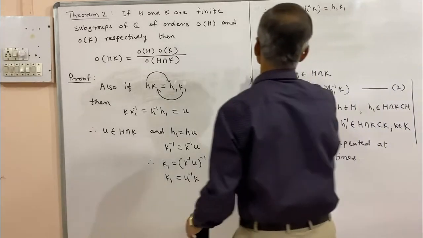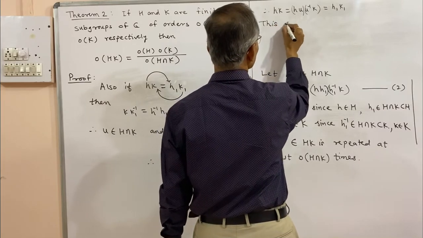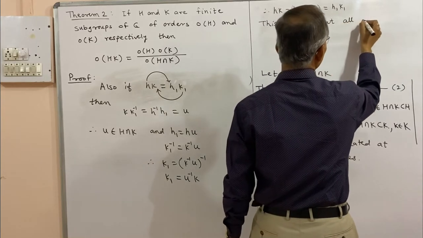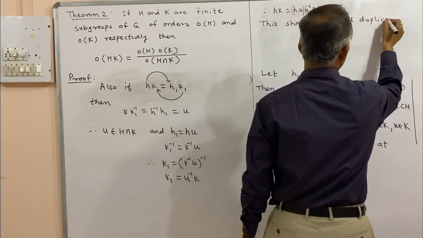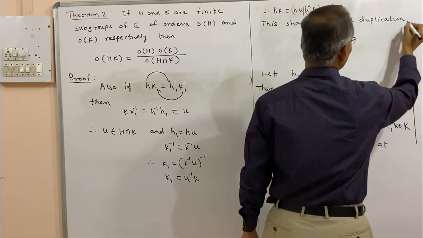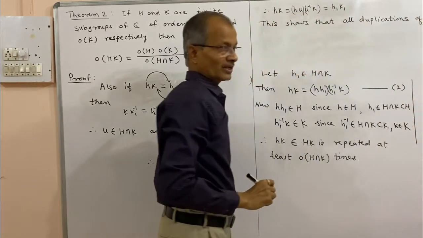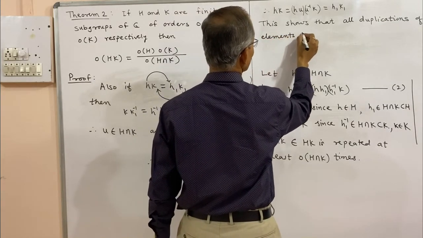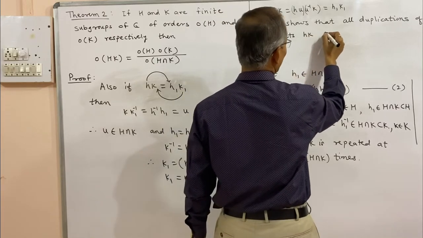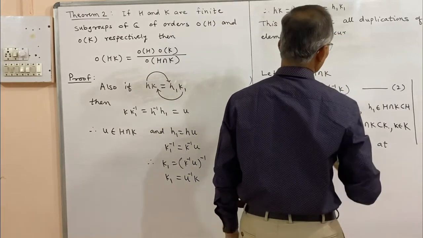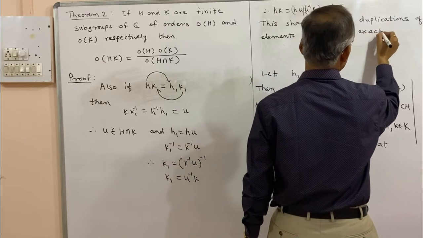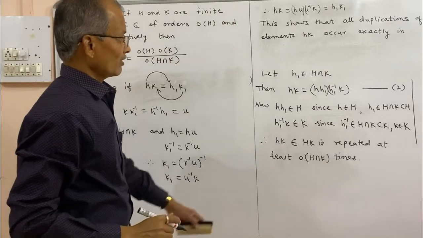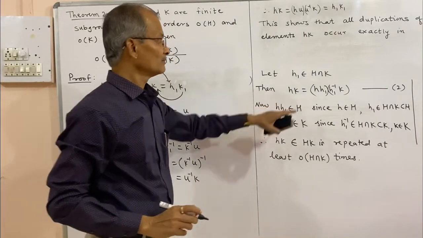So this shows that all duplications of elements HK occur exactly according to second.